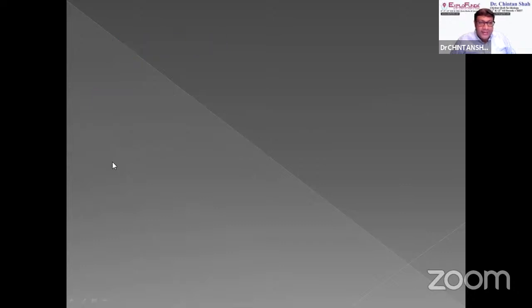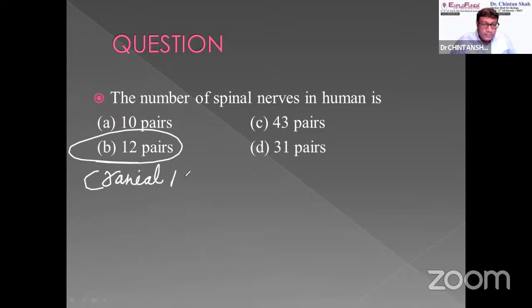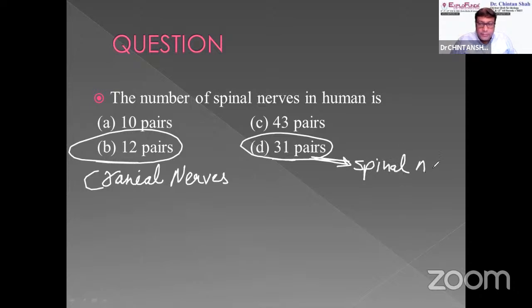So this option stands for the cranial nerves, and this option stands for the spinal nerves.